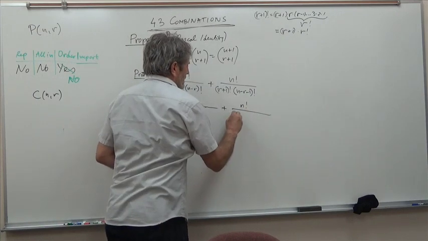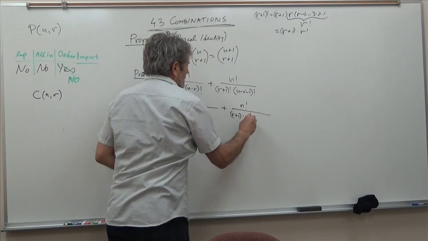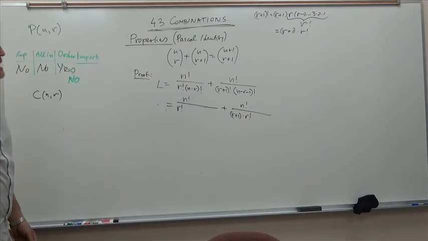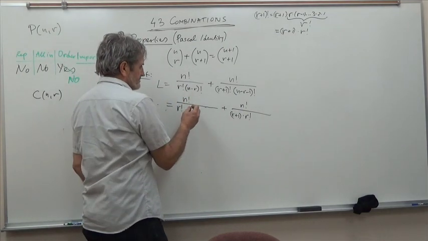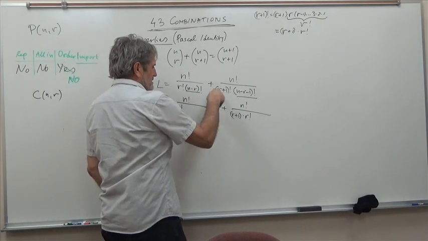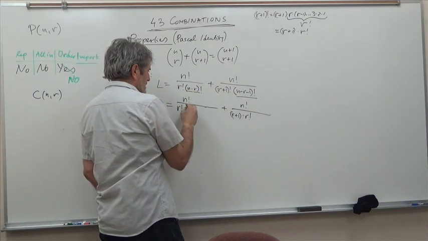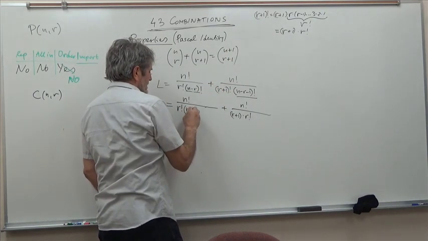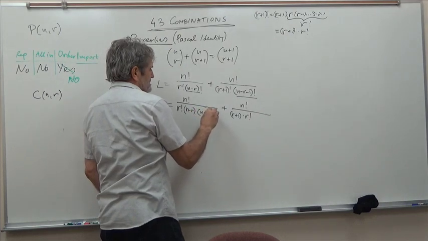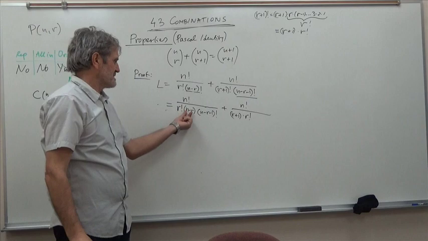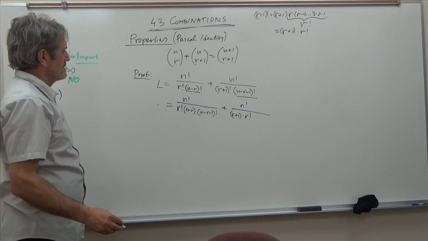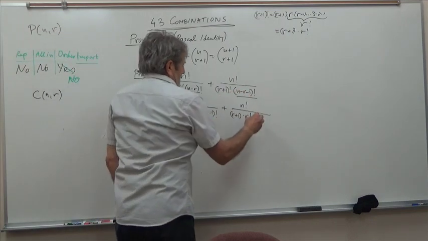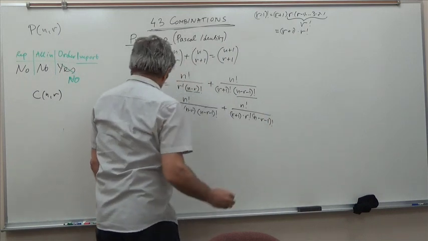Using this property, I will write r plus 1 factorial as r plus 1 times r factorial. The same way here, this guy has an extra member with respect to this one. So I write it using the same property as n minus r times n minus r minus 1 factorial. Because this is the number preceding n minus r minus 1, the same way as r plus 1 precedes r. And I keep my n minus r minus 1 factorial.